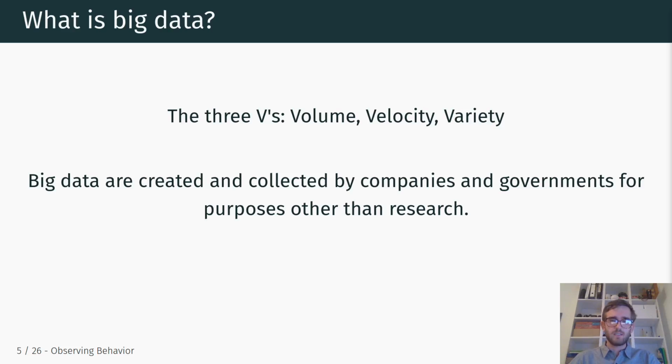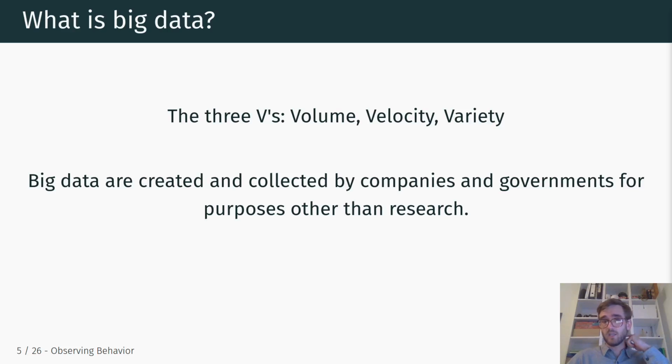And that also relates to another important feature. It's created and collected constantly by companies and governments. And importantly, the purpose for which these data are collected is other than research.